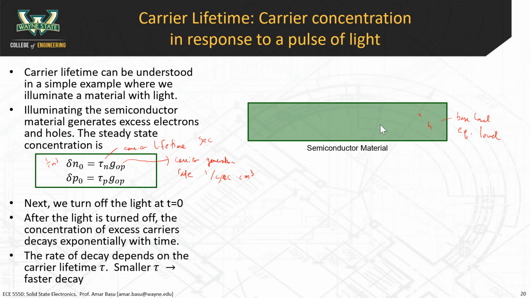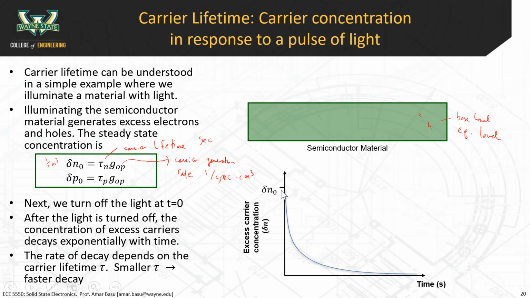So the rate at which the excess carrier concentration decreases turns out to be an exponential decay versus time. Initially, your excess electron concentration was sigma n0. And then when you turn the light off, it immediately starts to decay to 0. And when your excess carrier concentration is 0, then you're left with just your base or equilibrium levels.